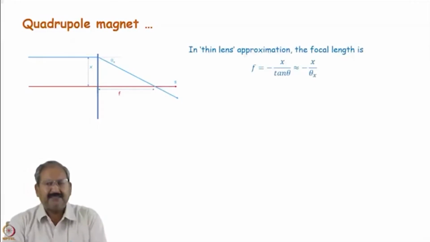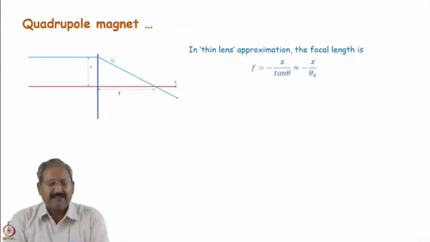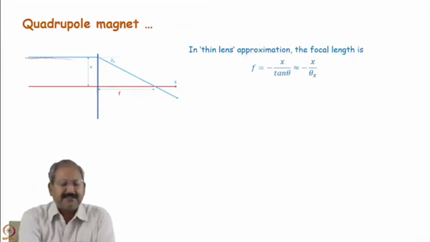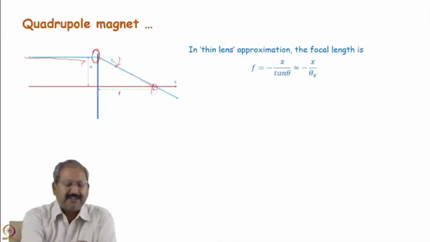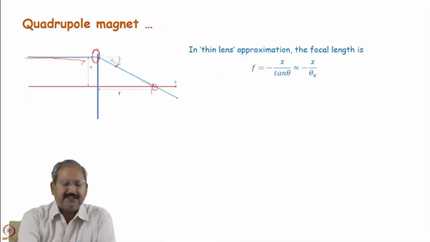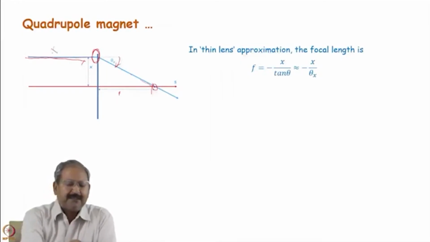Now, what is the focal length of this lens? This is the particle trajectory which is coming. When it passes through this magnetic field, it generates a bending angle theta and the particle trajectory crosses from this point. So for obtaining the focal length, we have to take the initial condition in which x prime is 0.